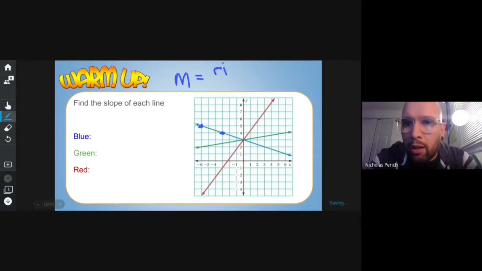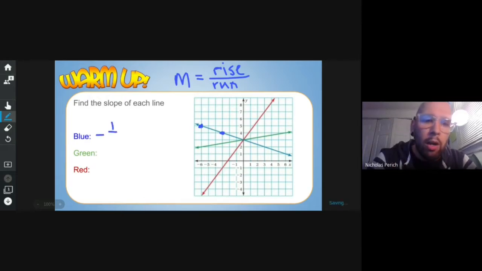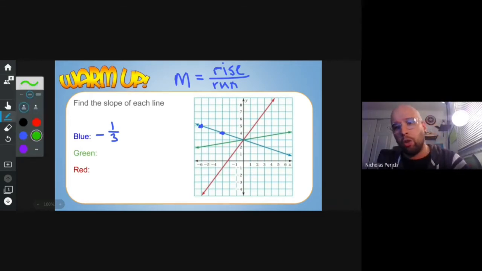M equals rise over run. The way I get from one dot to the other is I go up 1, left 1, 2, 3. Like I said, it's negative, and I go up 1 over 3. So it's negative 1 over 3. Good job, everyone.